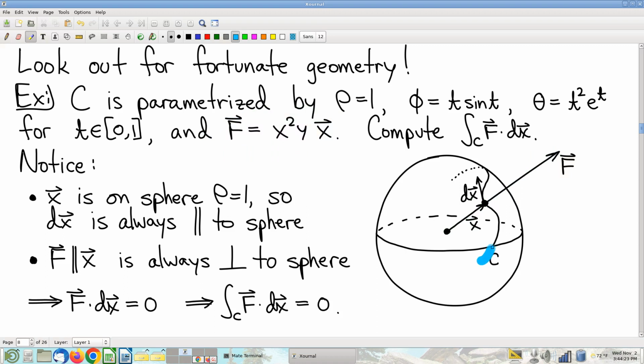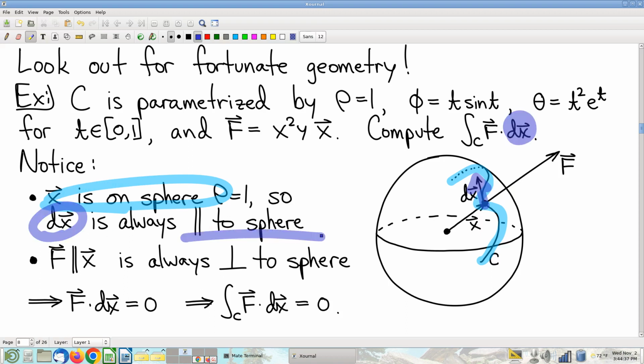If you know that you're on the surface of a sphere, that means that your position differential, your dx vector, is parallel to the sphere. If you're stuck on the surface, then your direction vector is parallel to that surface.